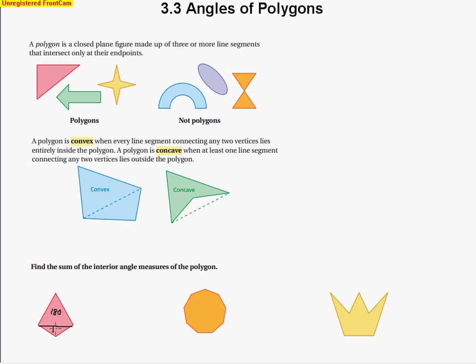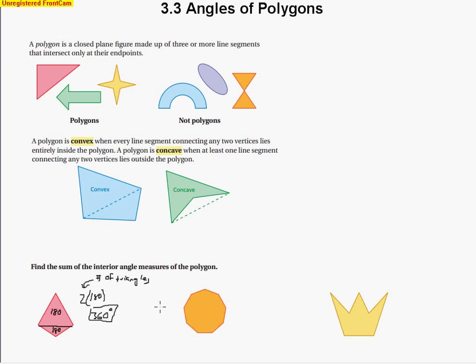So if we have two triangles inside, we would have 2 times 180. Again, the 2 comes from the number of triangles. When we multiply those two numbers, that gives us 360 degrees, and that would be the answer we're looking for.